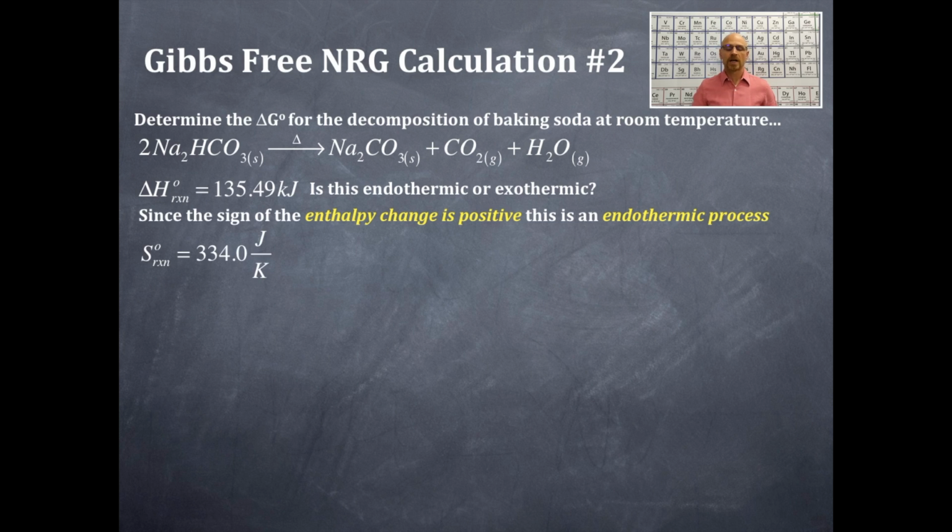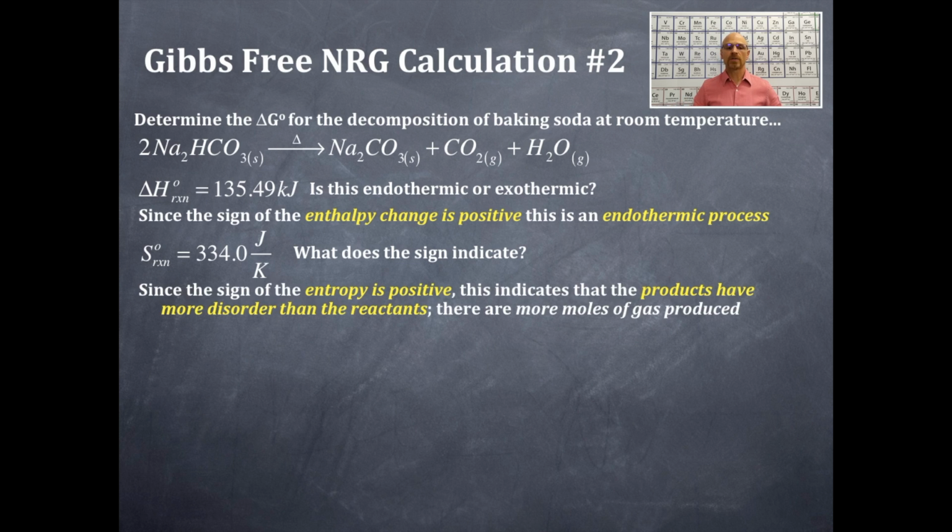Okay, and the entropy. The S naught term for the reaction is 334.0 joules per Kelvin. What does the sign of this indicate? Well, since the sign of the entropy term is positive, this indicates that the products have more disorder than the reactants, i.e. there are more moles of gas produced on the product side.